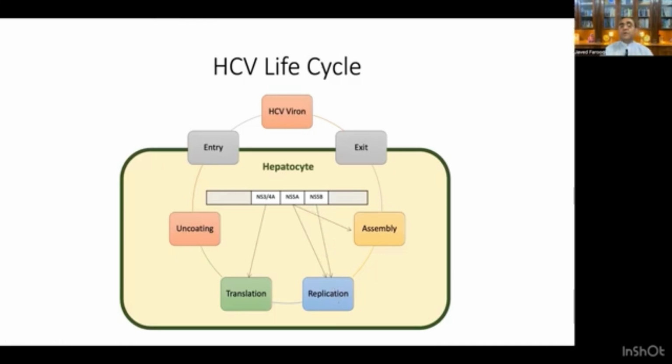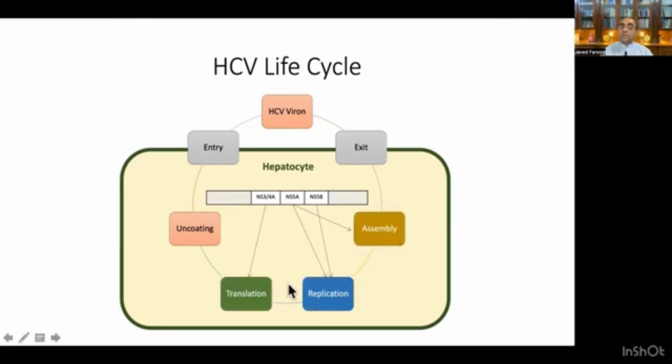So this is important: just like any other RNA virus, the main three steps are translation, replication, and assembly. Translation is because of the NS3/4A, and drugs whose site of action is NS3/4A will stop the translation, and the drugs whose site of action is NS5A will inhibit the replication as well as the assembly of the virion, and the drugs acting upon the NS5B will also inhibit the replication.